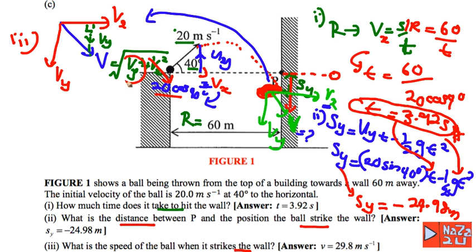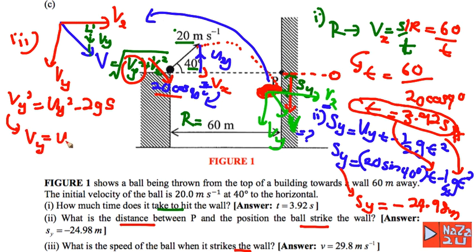So what is the value of vy? You could use vy squared equals uy squared minus 2gs, but I think that is not the right equation. You can use another equation: vy is equal to uy minus gt, because you already know the time of flight t.